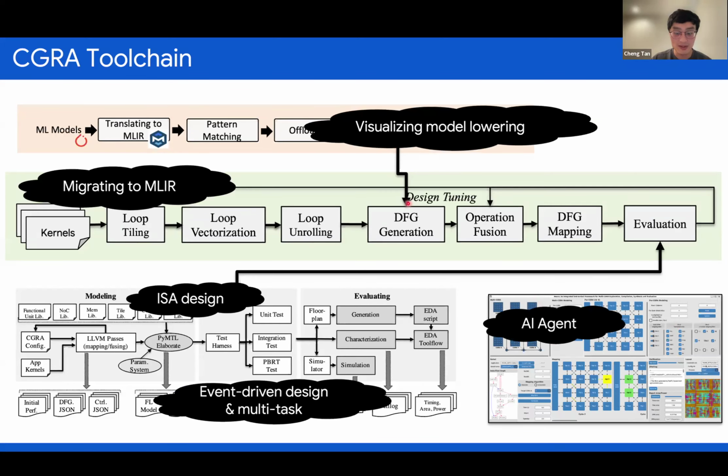And there are lots of ongoing works. We are trying to visualize the model lowering in MLIR. And also we are migrating this LLVM part, the kernel mapping, into MLIR, because I personally believe MLIR is more suitable for such dataflow acceleration mapping.